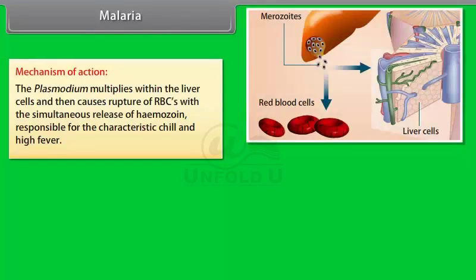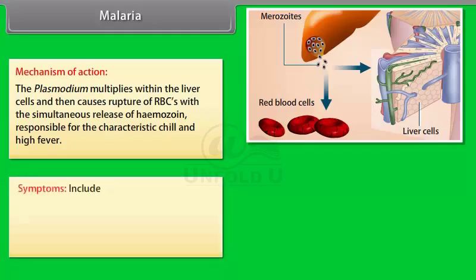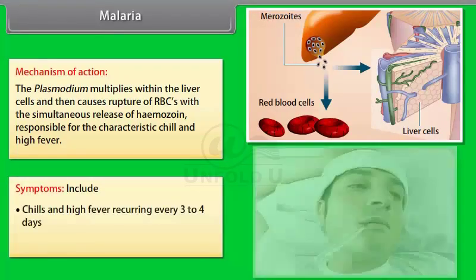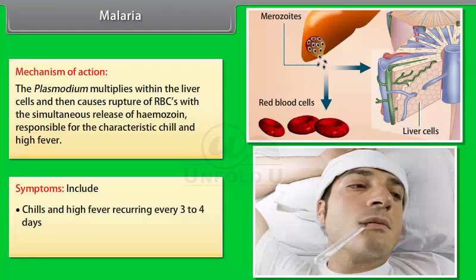The Plasmodium multiplies within the liver cells and then causes rupture of RBCs with the simultaneous release of hemozoin responsible for the characteristic chill and high fever. Symptoms include chills and high fever recurring every 3 to 4 days. Fatigue.